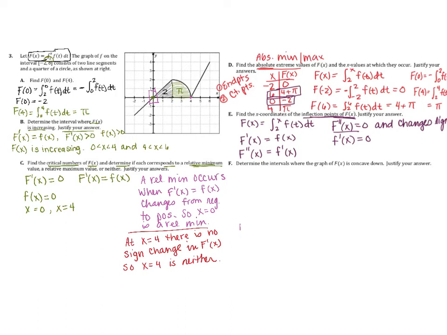And that's going to be here. Well, we can have a sign change where we're increasing to decreasing, or something along that nature. So let's see, this is our graph of our derivative. Oop, we need lowercase.